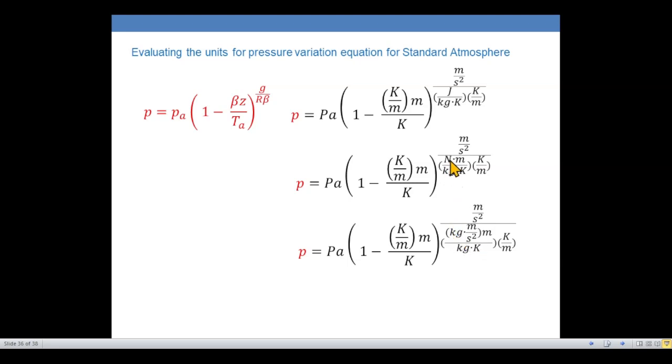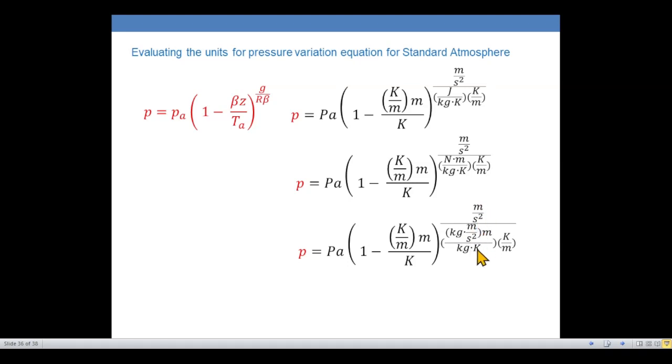Now, at this portion, all of the units in this part of the equation are cancelable to each other. The kilogram can be cancelled out. The meter per second squared and the meter per second squared can be cancelled out. The Kelvin, the unit of temperature, can be cancelled out.